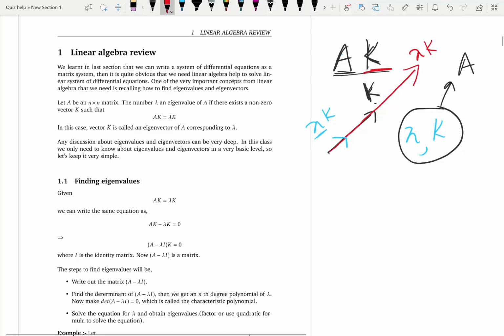The reason is, this does not happen for any random vector, okay? It happens only for specific vectors, a special type of vectors, for matrix A. It's like a qualitative property of matrix A. It's not that you can take matrix A and any vector in the world, multiply it by A, and just shrink or stretch.